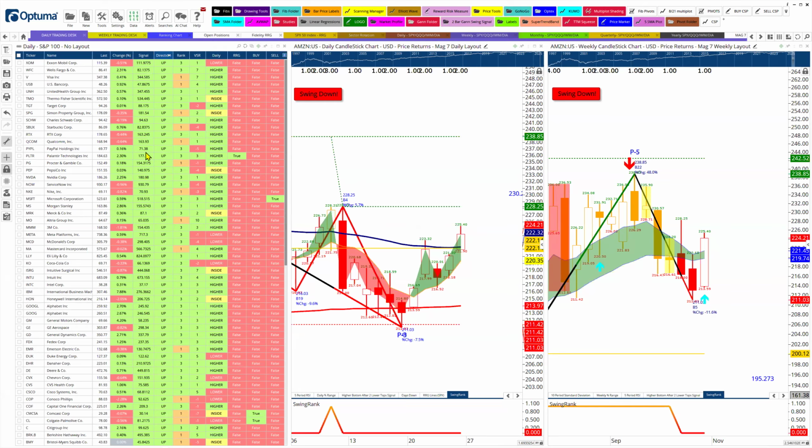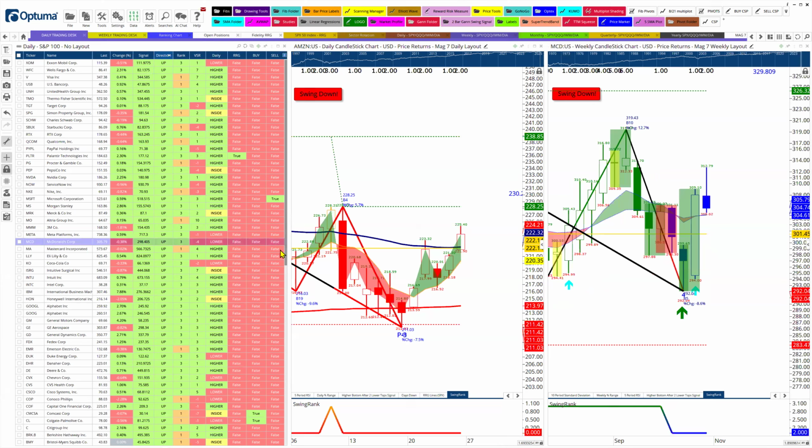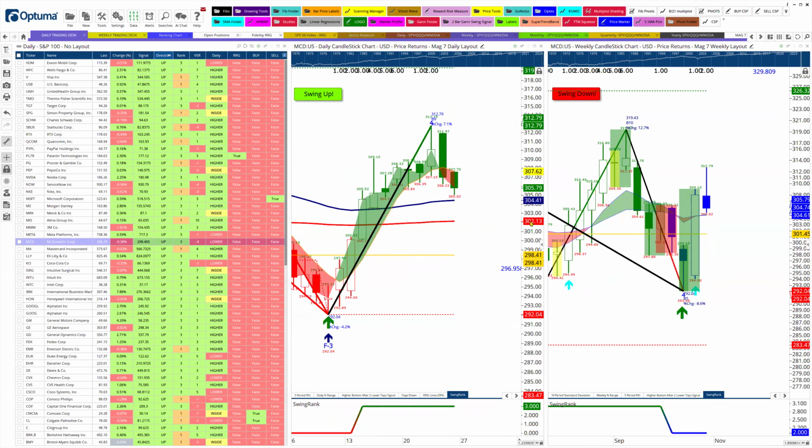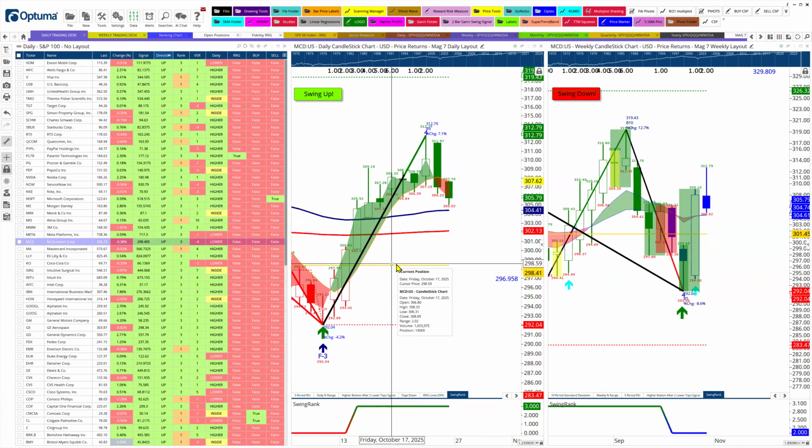You're not going to find that like McDonald's here, right? So if the swing is 298.41, or 298.40, it calculates the full price. I can round it off to 298 if I want to.